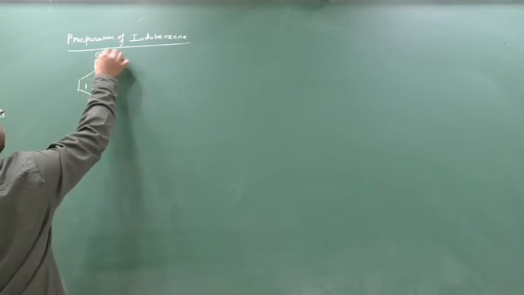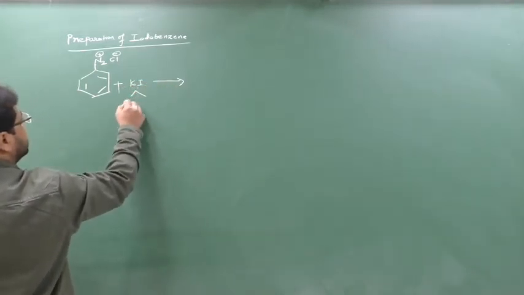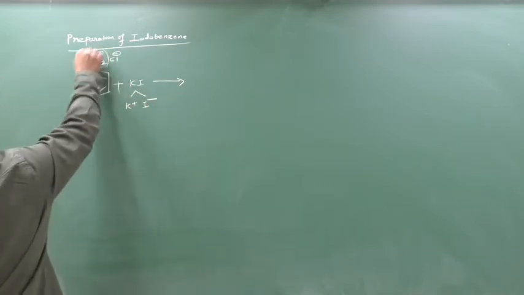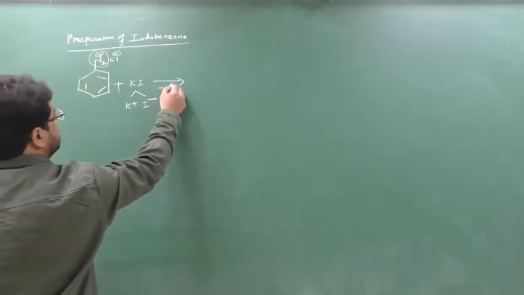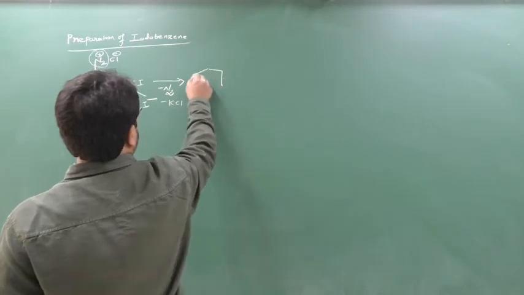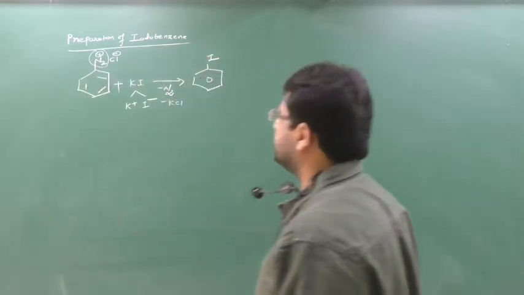It has a positive and a negative part. In this you just react with KI. When you react with KI, simple and sweet logic, there is K plus and I minus. See, this is nitrogen, entropy is supporting here, so easily nitrogen will be removed. This K plus Cl minus, KCl, will be removed and you will get a compound known as iodobenzene. That's it. This is your answer. Nothing else. Simple.